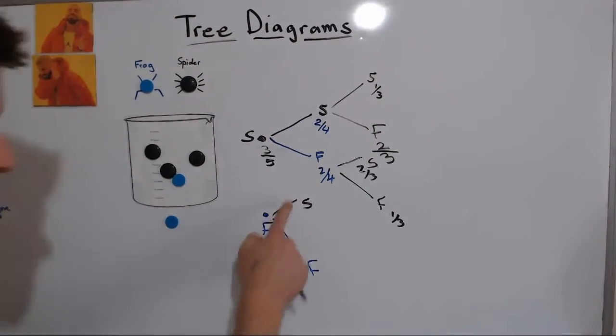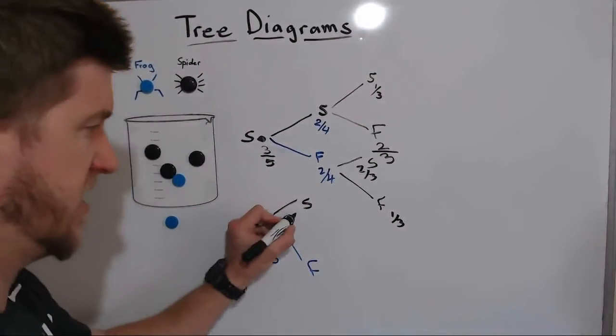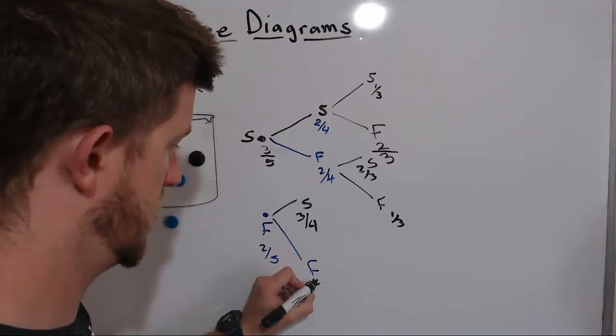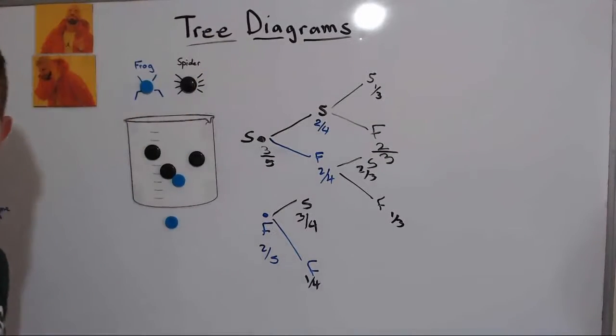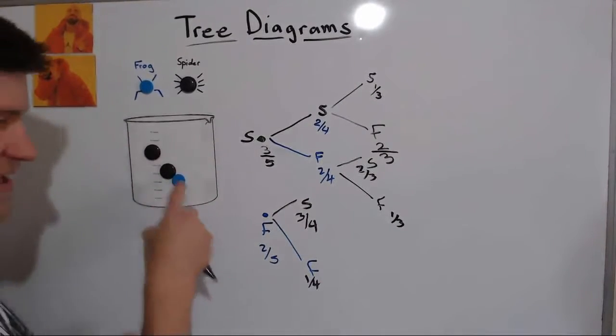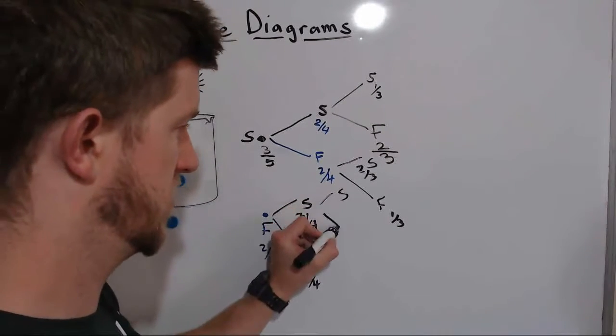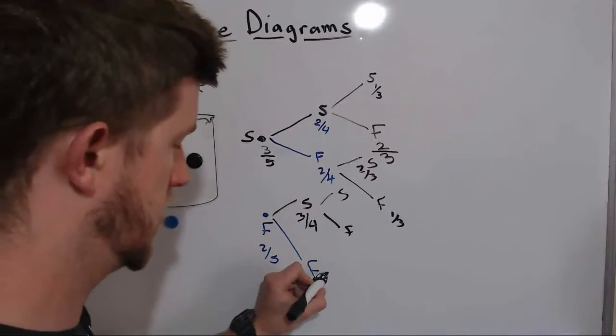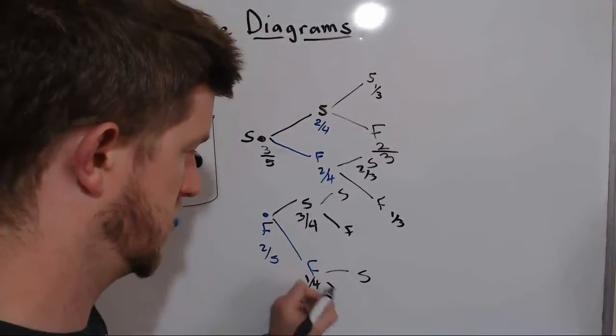We look at the probabilities along these branches. The spider is a 3 out of 4. The frog is a 1 out of 4. From there, if I took a spider out, I can still go spider or frog. If I took a frog out, now I can only go spider.